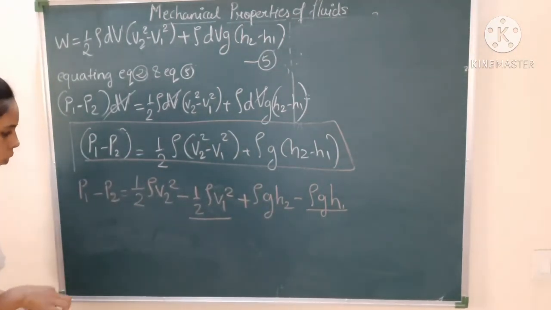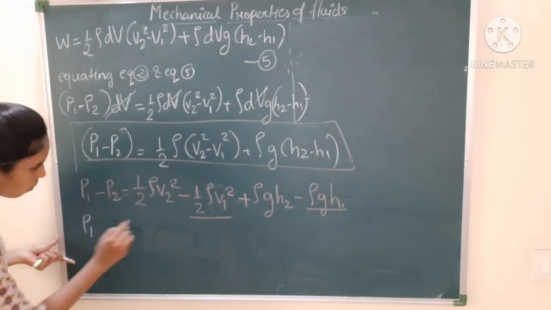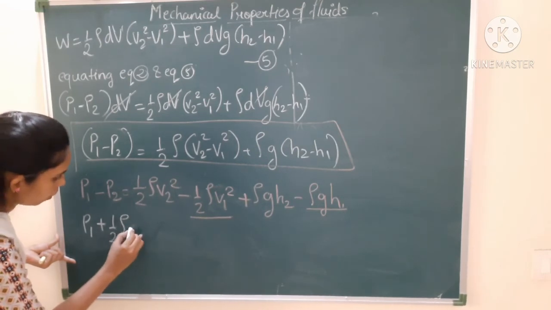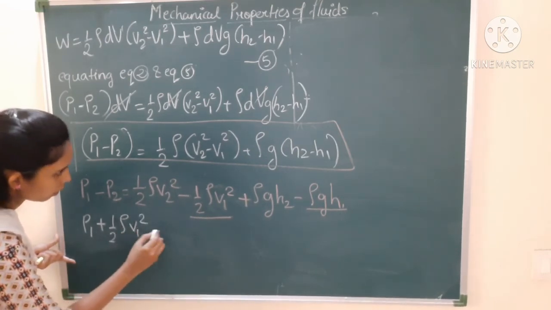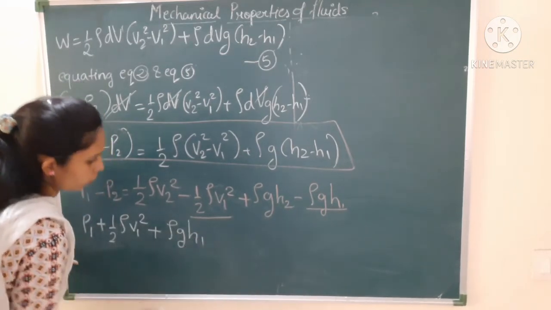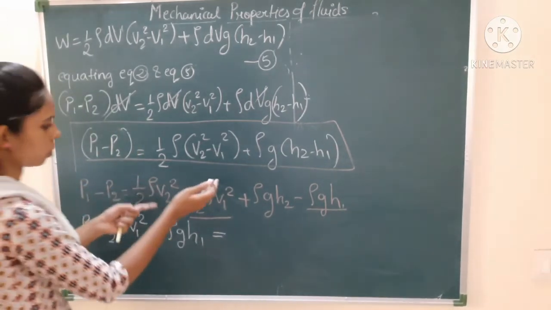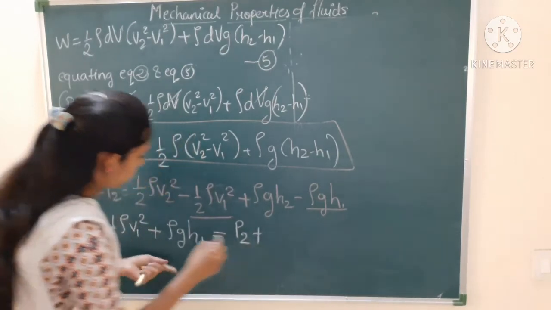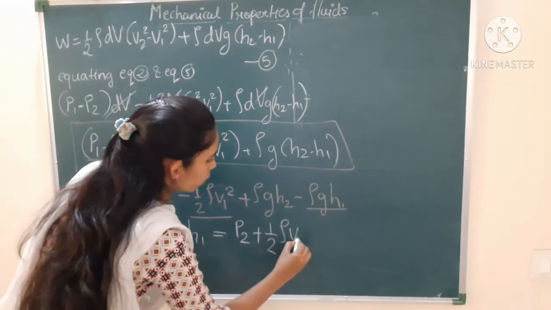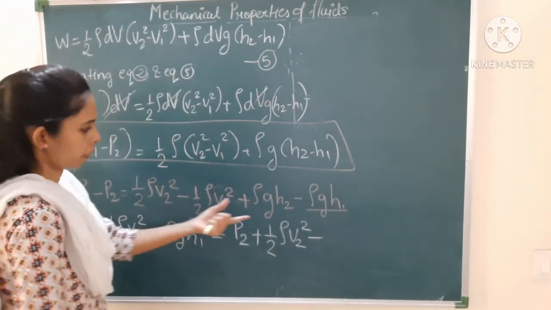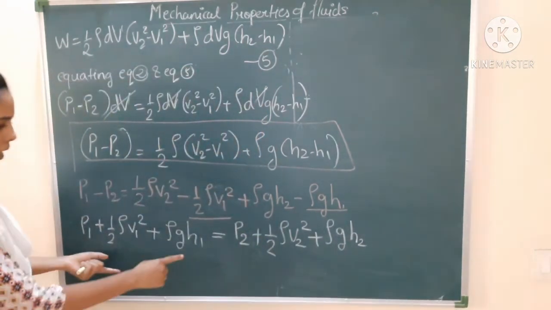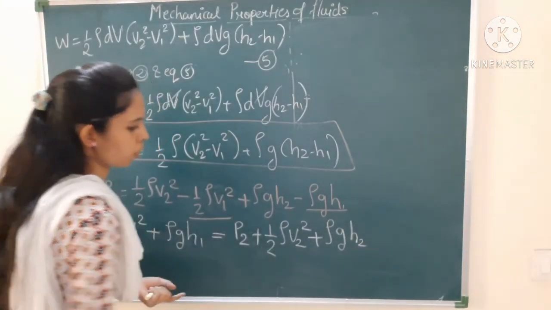So you will get another equation: P1 plus half rho V1 square plus rho g h1 is equal to P2 plus half rho V2 square plus rho g h2. You can see that the first section part and the second section part are equal.